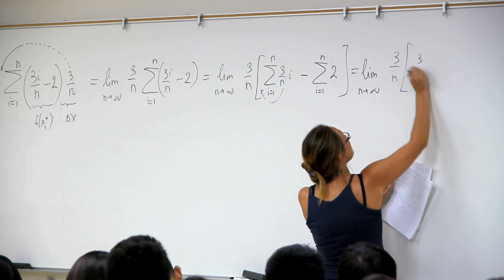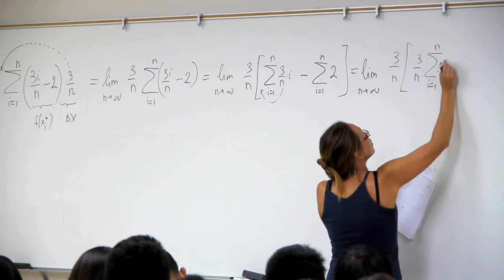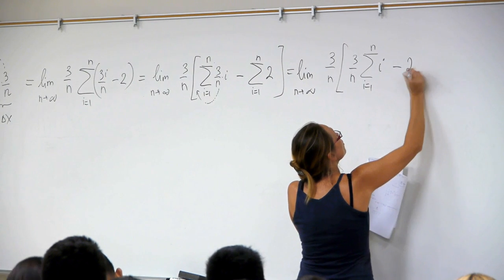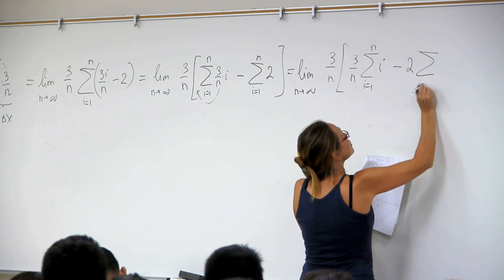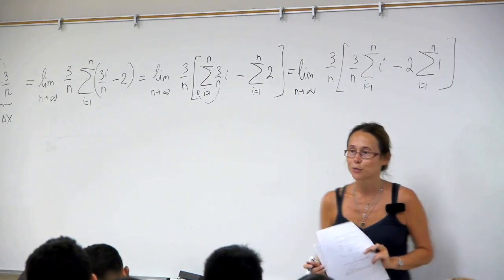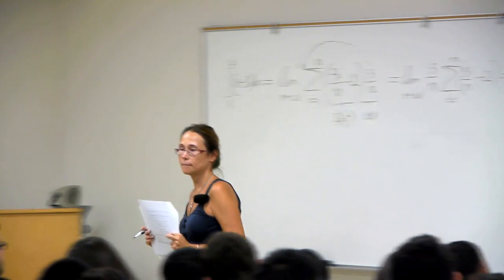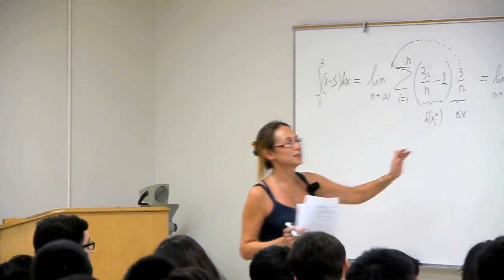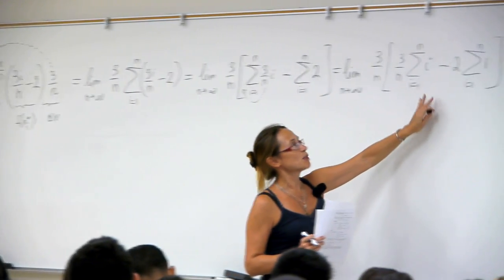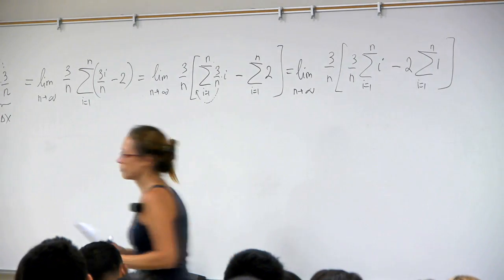So I have 3 over n, the sum of i, and this 2 I can rewrite as 2 times the sum of ones. Questions? So I simplified it as much as I could. And now I have 2 sums. Okay? And both of them we can evaluate.